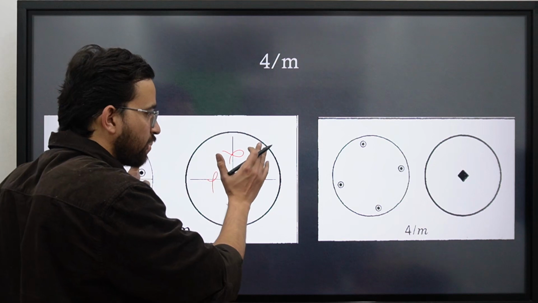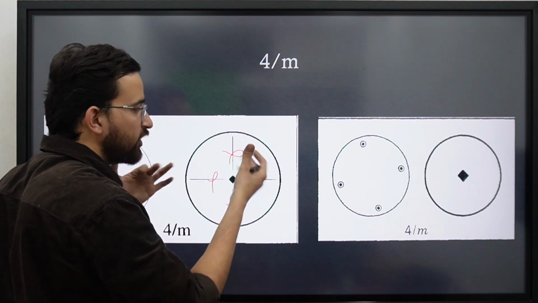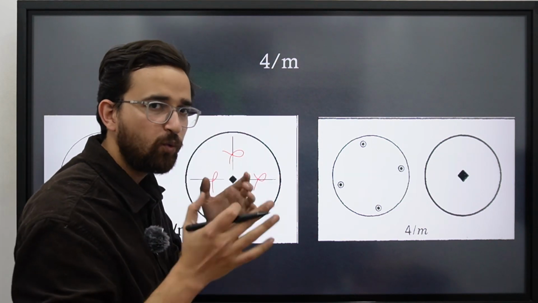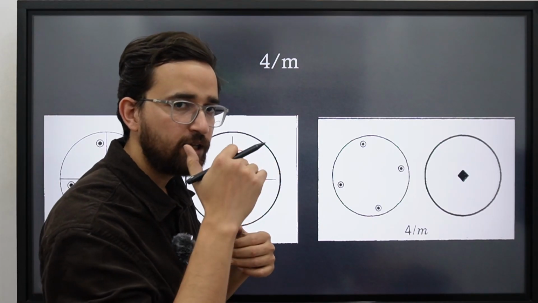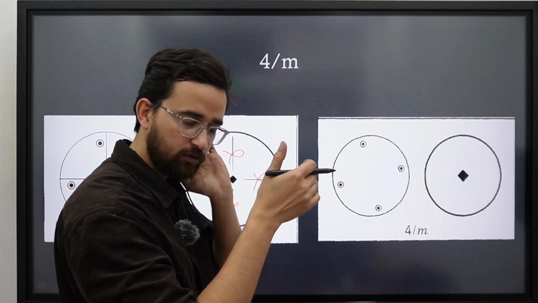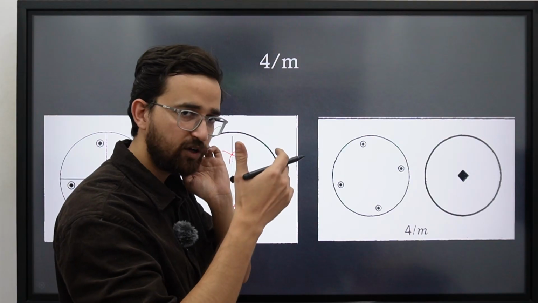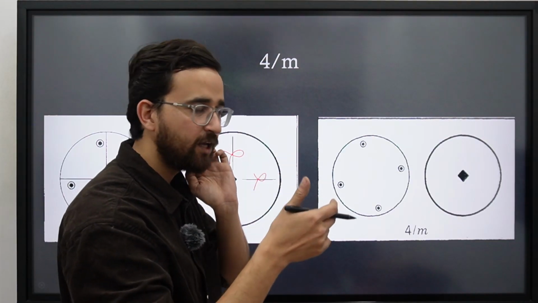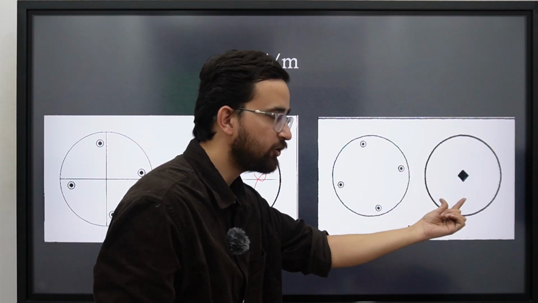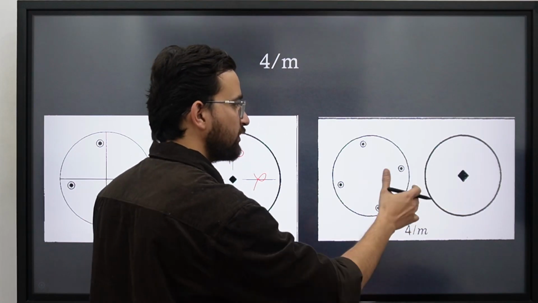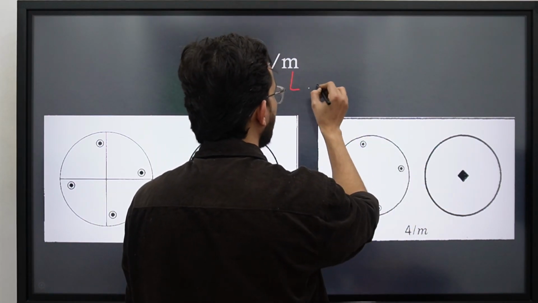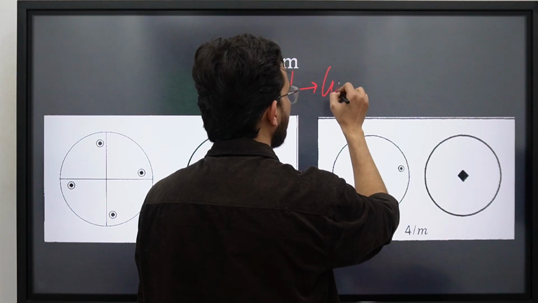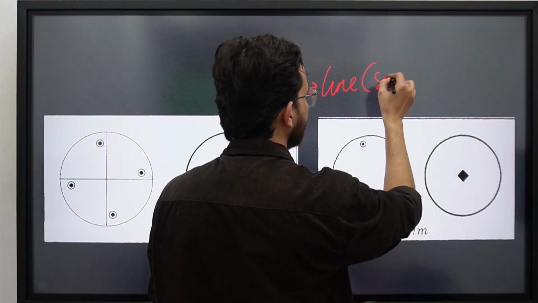Now these are notation schemes that different people follow. What we will follow, because of the exams that we are preparing for, what they are following is this nomenclature. So the nomenclature that we will follow is that a mirror is represented by a solid line.